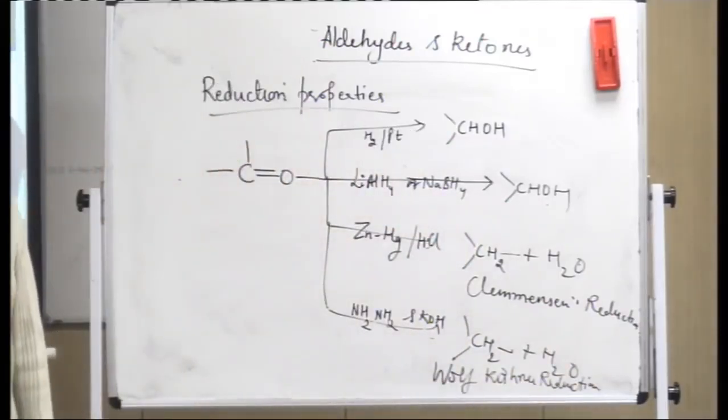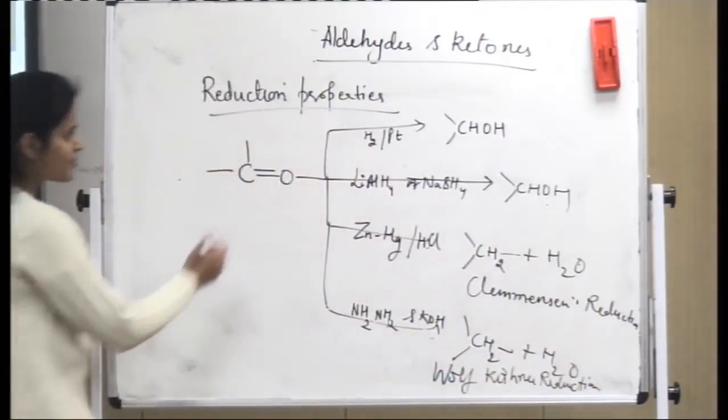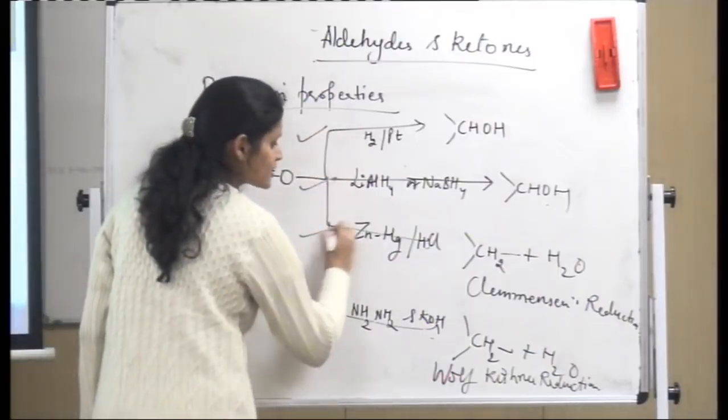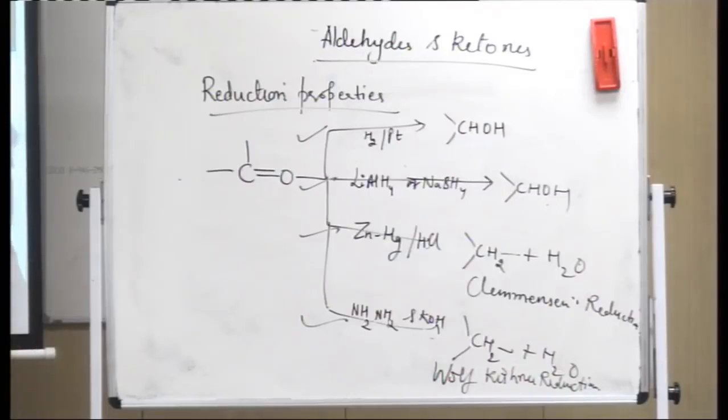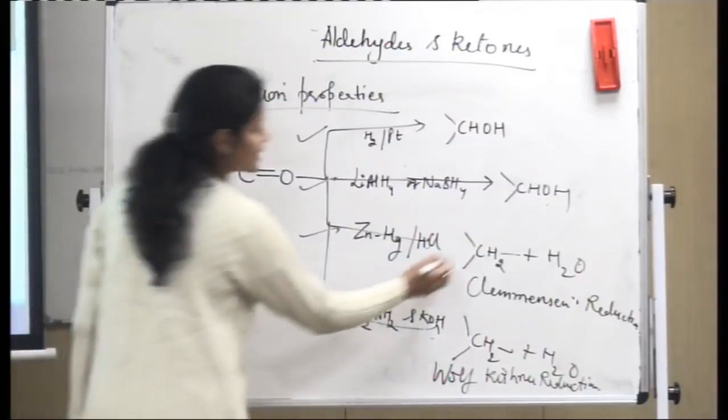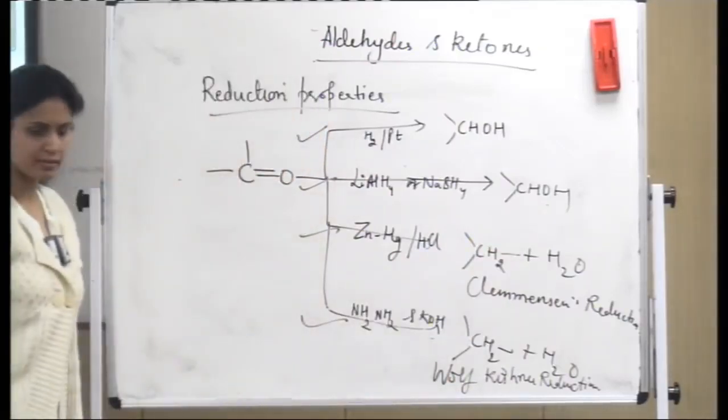So basically we have 4 pathways by which this carbonyl group can be reduced, out of which 2 result in the formation of alcohol, while 2 result in the formation of alkane, right?